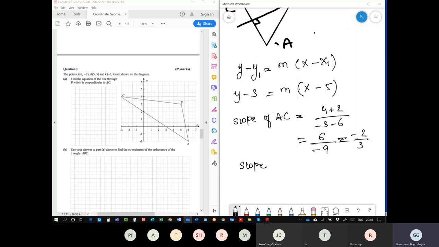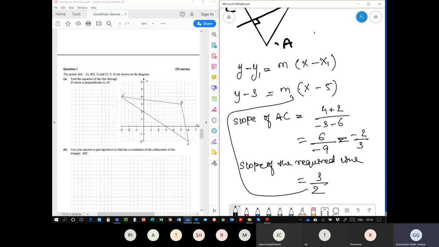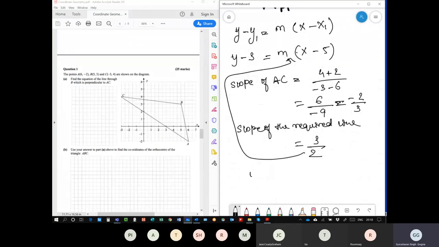So you can say the slope of the required line equals, flip it and change the sign, 3 over 2. And this value you substitute back into this formula and you will get the equation of the line. That's it. So y minus 3 equals 3 over 2 times x minus 5. And then you know how to simplify this.